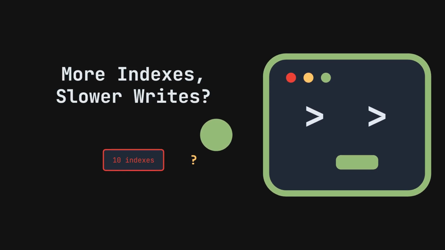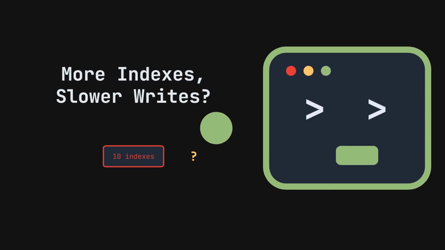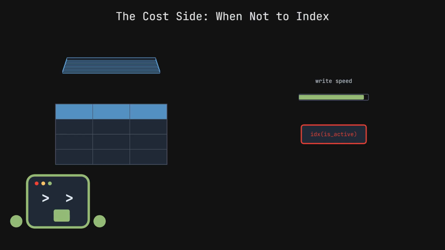More indexes should mean more speed. This table has 10 of them, and writes have gotten painfully slow. Why? Every index is a separate structure that has to stay in sync. One insert into the table means one insert into every index too. 10 indexes means up to 10 B-tree updates per write, each one a possible node split rippling through its own tree.